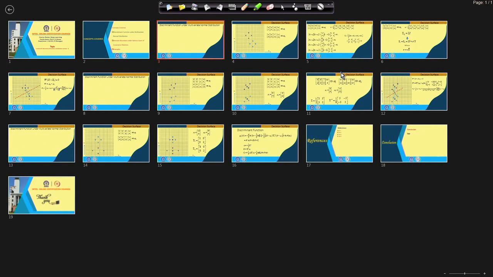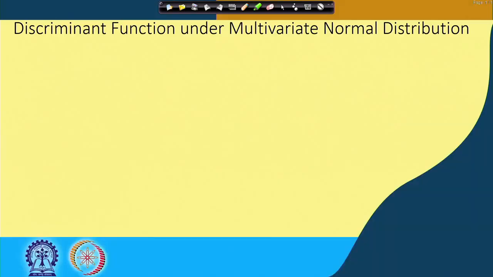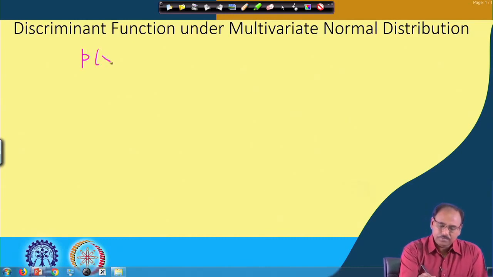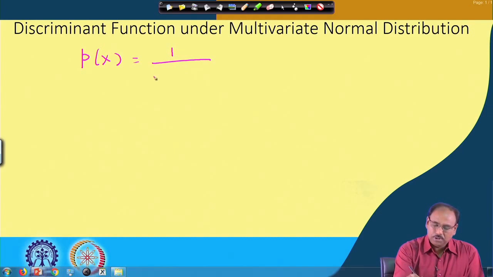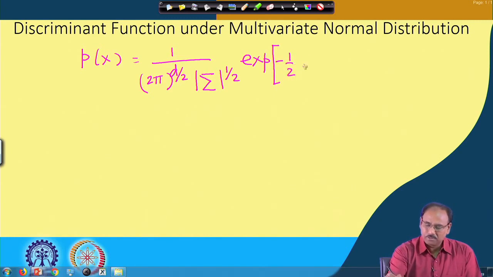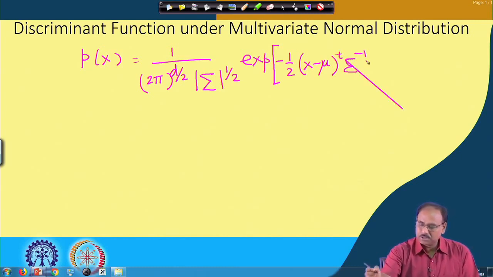In the previous class, we said that the multivariate normal distribution is given by P of x as 1 over 2 pi to the power d by 2, then sigma determinant to the power half, and then exponential minus half x minus mu transpose sigma inverse into x minus mu.